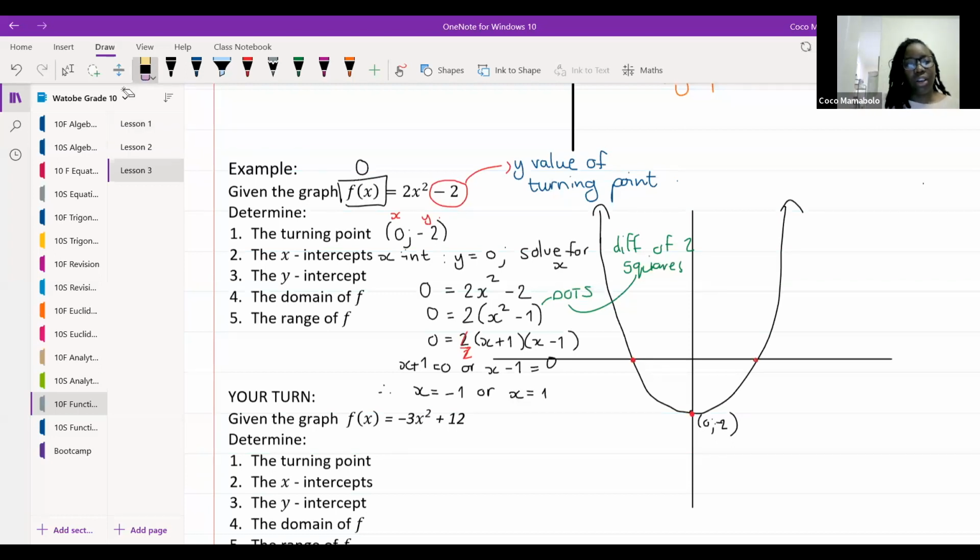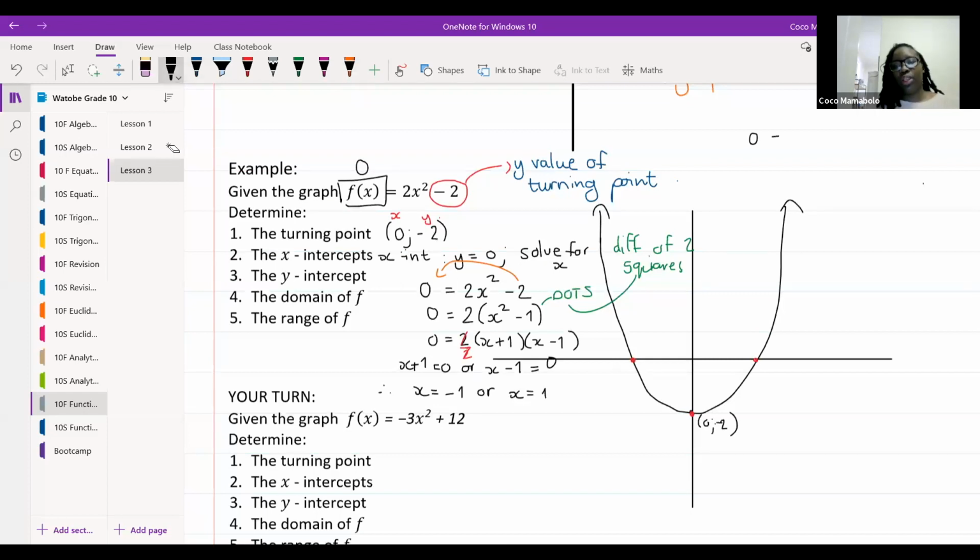Shaden, what's up? Ma'am, when we have to solve for x, do we always have to do those dots and factorize? Well, you could do it the other way. You could take -2 over to the other side and it becomes +2.